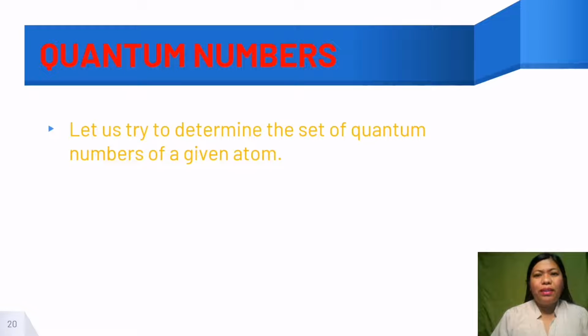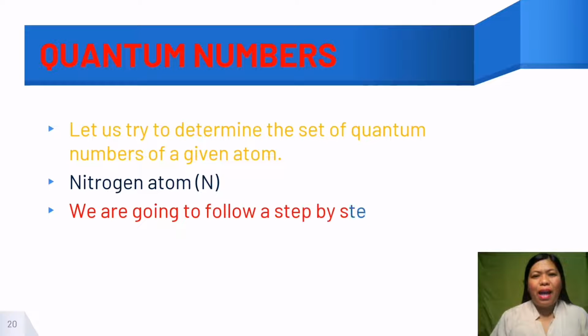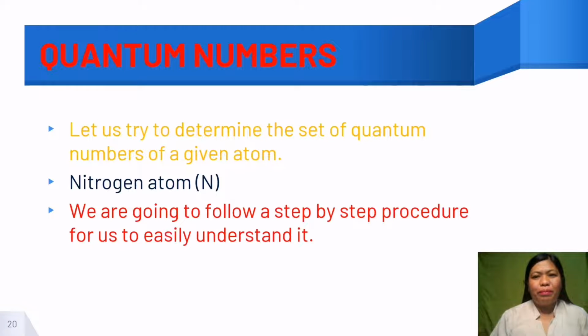How do we know the set of quantum numbers? Let us try to determine the set of quantum numbers of a given atom. Our example here is the nitrogen atom. We are going to follow a step-by-step procedure for us to easily understand it.